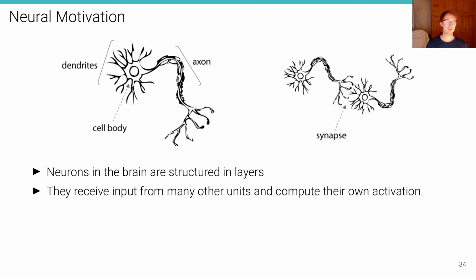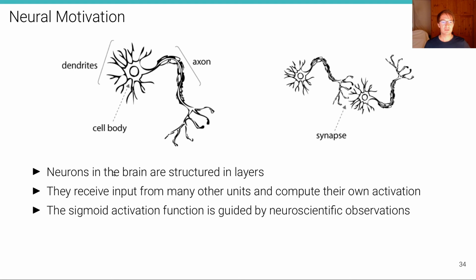And these neurons in the brain receive input from many other units and compute their own activation function. And the sigmoid activation function is guided by neuroscientific observations of how these functions actually behave. Now, of course, we don't have continuous functions in the brain. Rather, we have electric signals, impulses that are sent. But the rate of signals and the rate of impulses can be modeled with such functions.